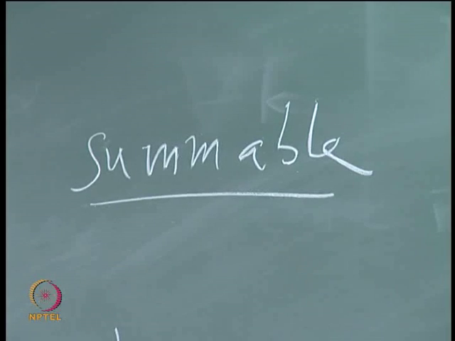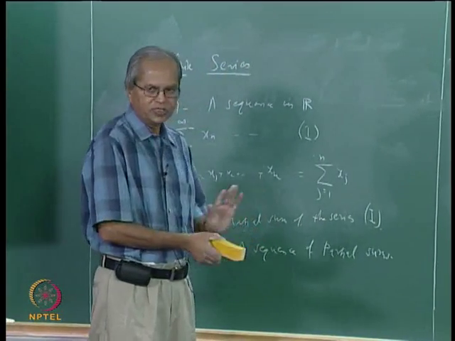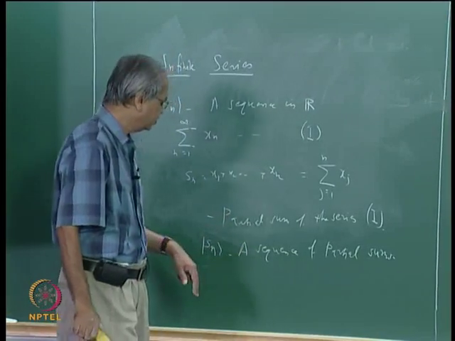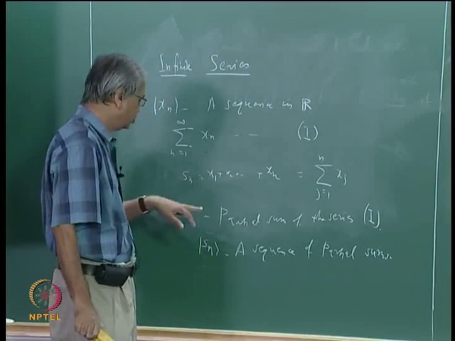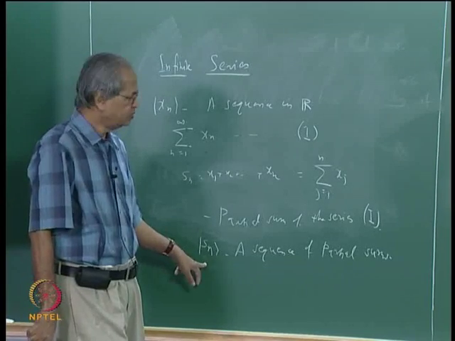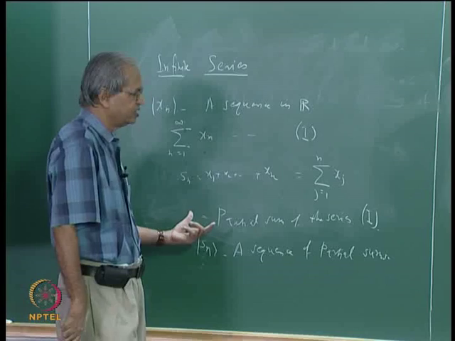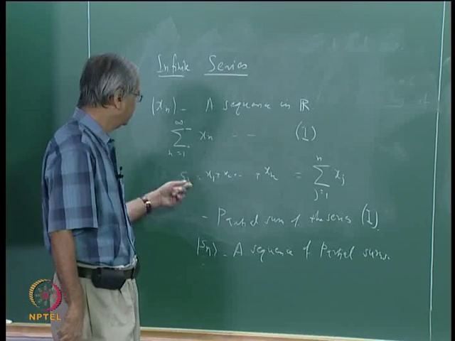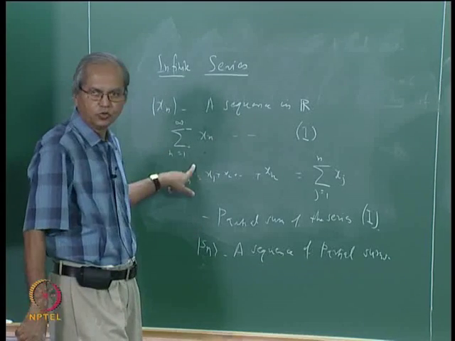Alright, you can make a few observations here, since everything that we are going to talk about series is going to be in terms of the sequence of partial sums. It does not matter, for example, whether you start from 1 or 0 or 2 or any such thing.